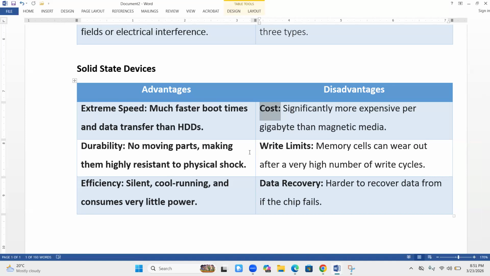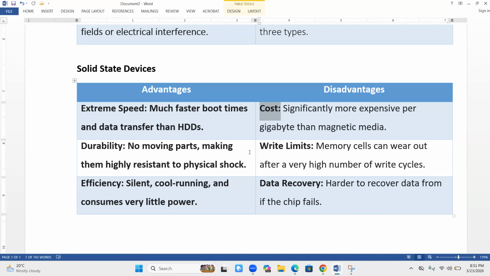Then memory cells can wear out after a very high number of write cycles. Data recovery is also harder. It is easy to recover data with the other devices, but in solid state devices, when the chip fails, it's harder to recover the data.